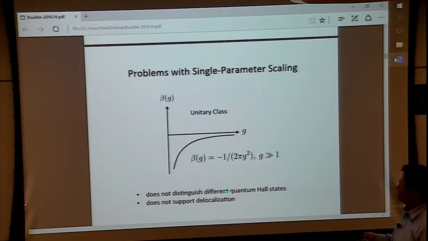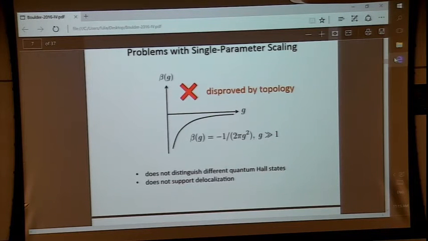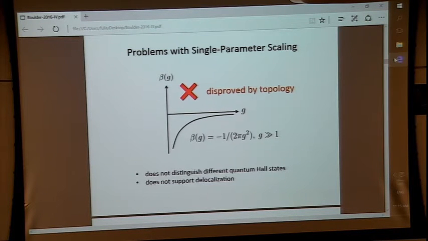And also, this theory does not give any delocalized states. It will say that all states are localized in 2 dimensions, but we just said that at the quantum Hall transition, the bulk must be delocalized. Okay, there must be delocalized states in the bulk. So this basically is a first example where ideas from topology give us insight about the theory of localization.